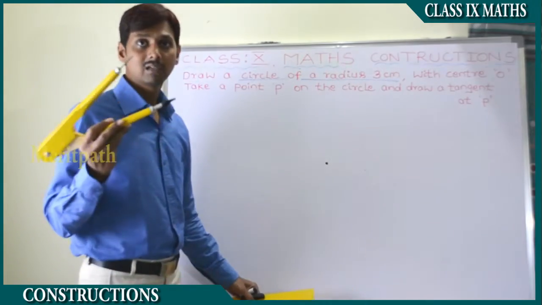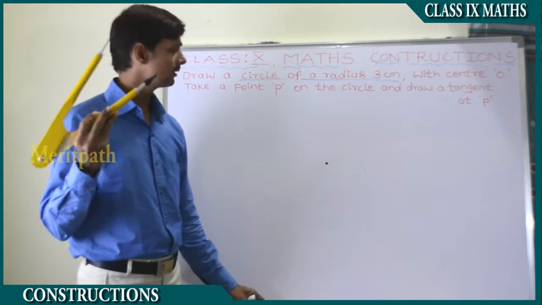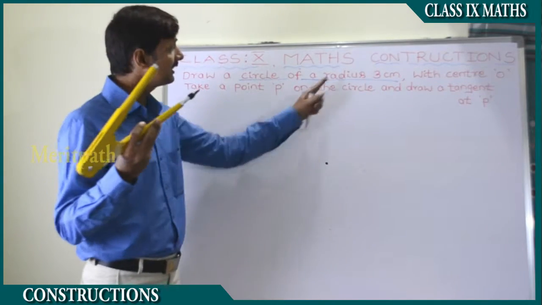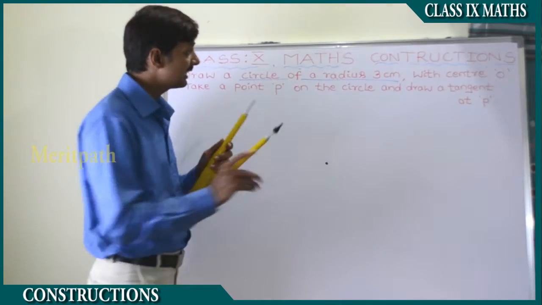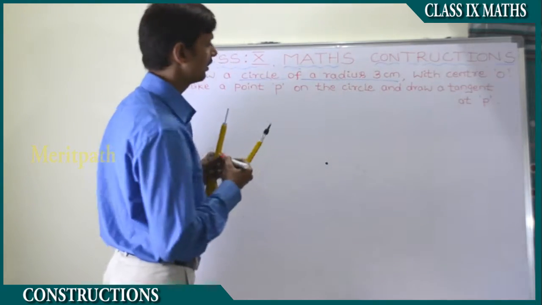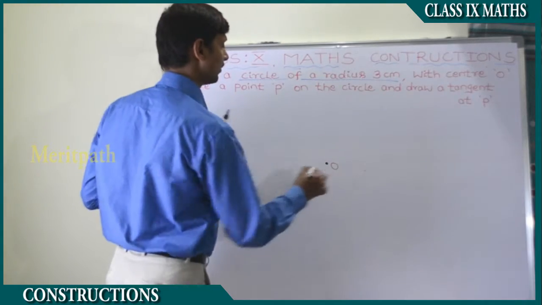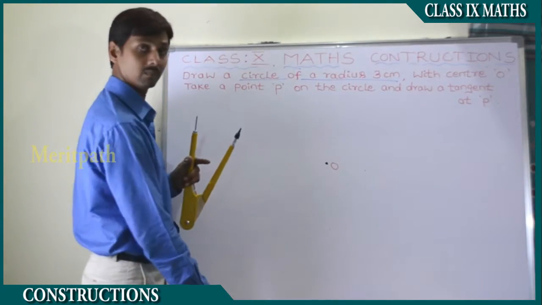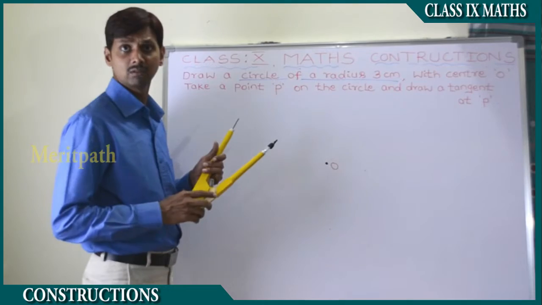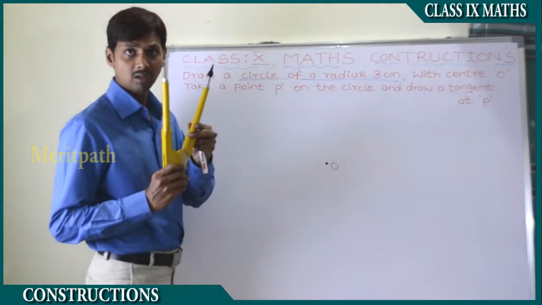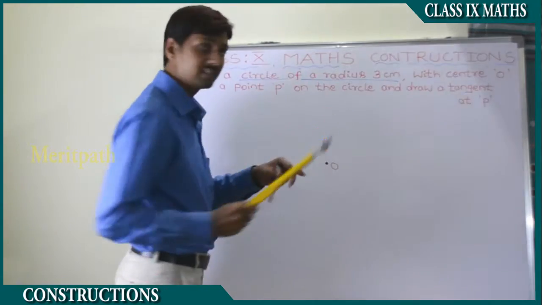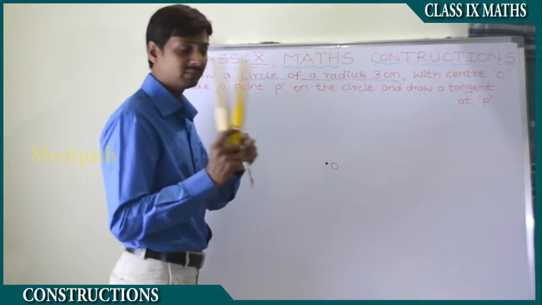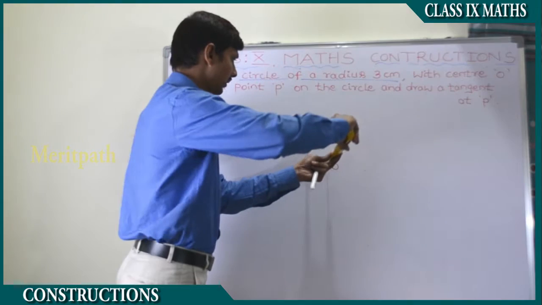So using 3 centimeters we'll draw a circle with center O. Let's take this as the center O. Using center O, with 3 centimeters radius, we're drawing a circle.